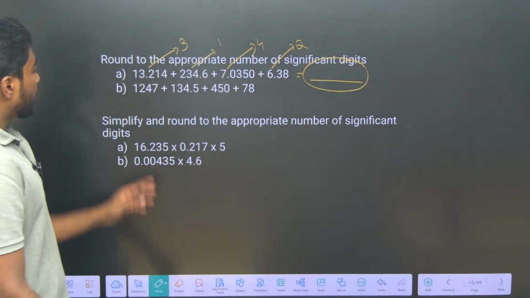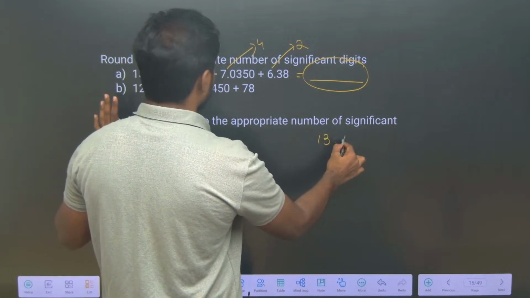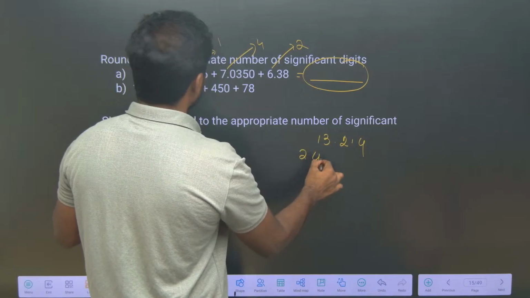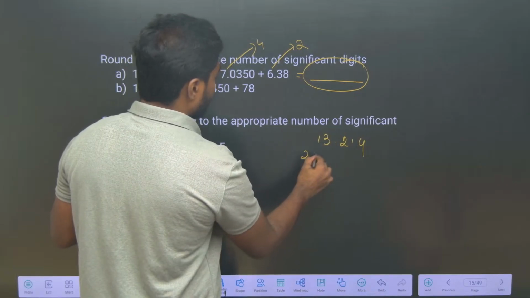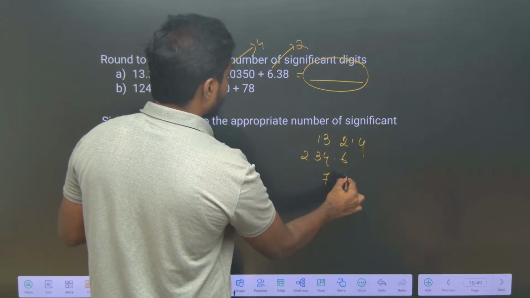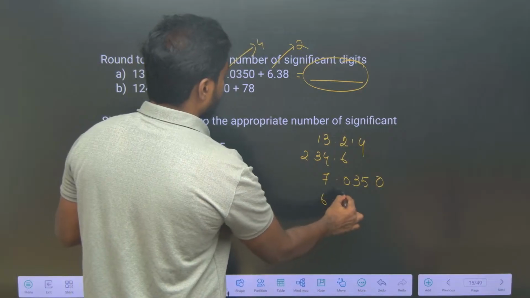Now let me do this question. 13.214 and then 234.6, then 7.0350, then 6.38.